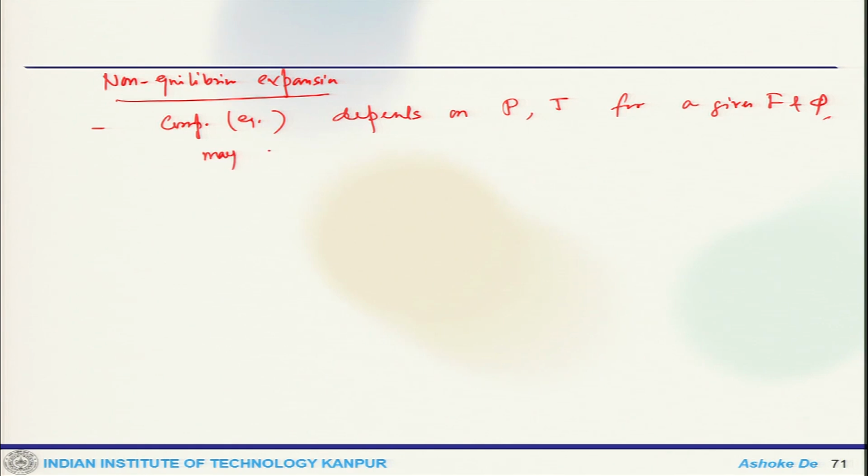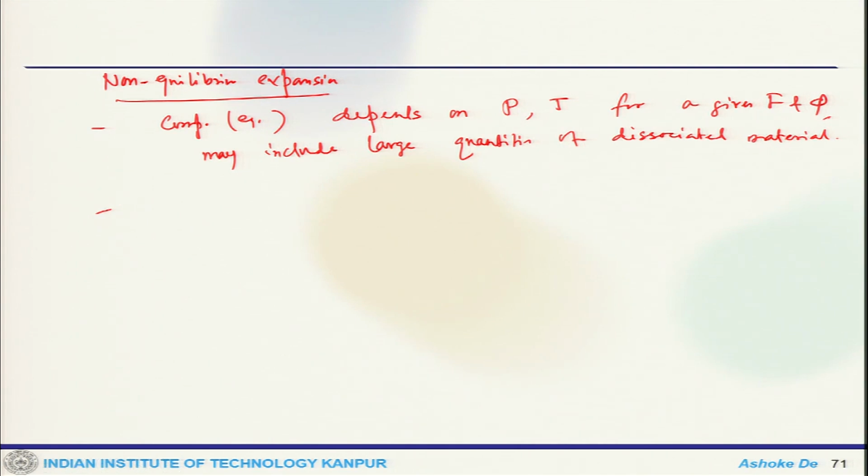Equilibrium composition, essentially composition which is equilibrium composition, depends on pressure and temperature for a given fuel and equivalence ratio, and it may also include large quantities of dissociated material.